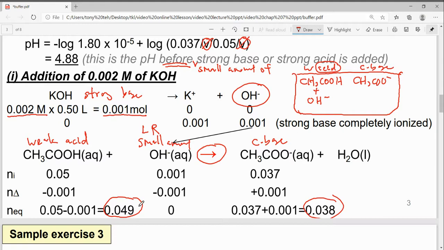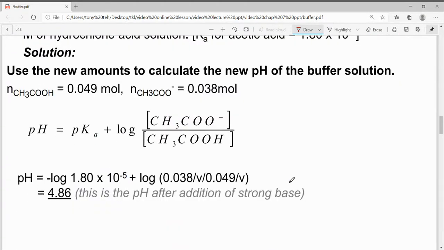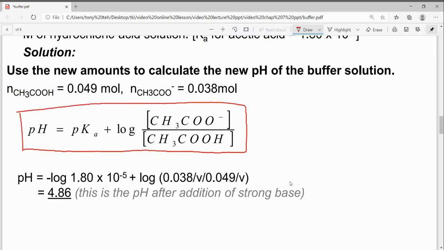After you get these two, what you do is again substitute into the Henderson Hasselbalch equation, because this is still a buffer solution, because only small amounts of strong acid or strong base were added. So the pH will be maintained or almost the same. After calculation, you can see it is 4.86, after addition of strong base.